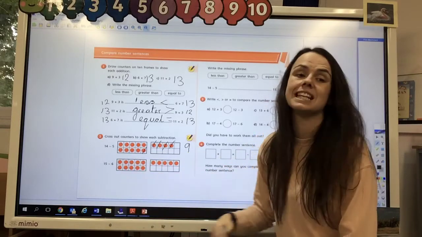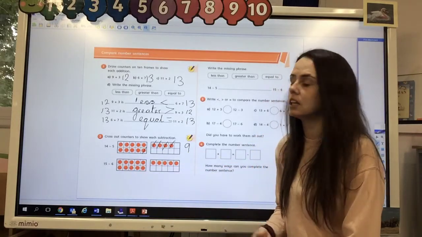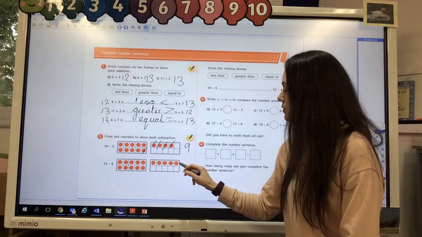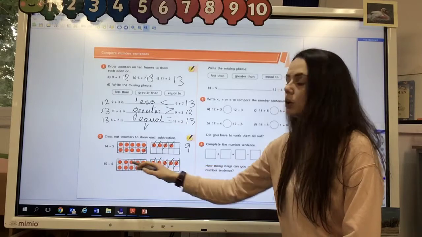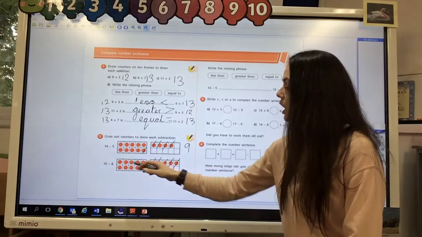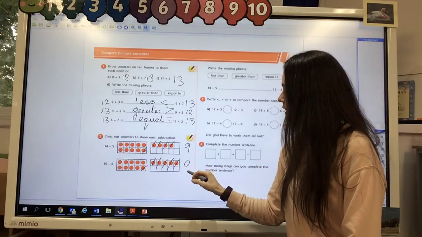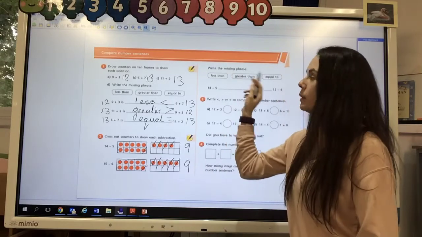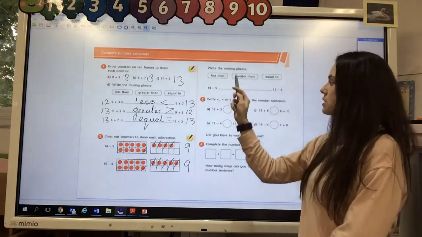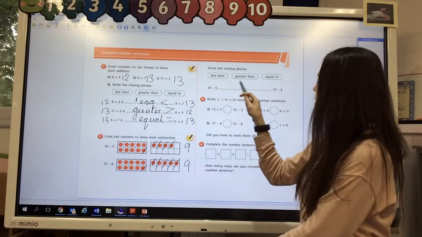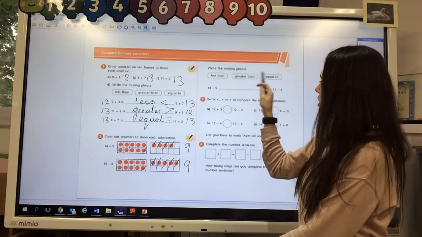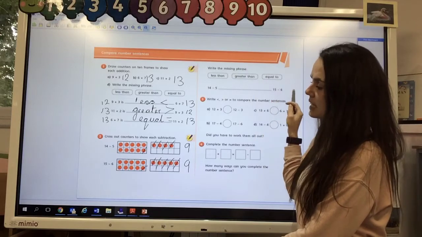Here, 15 take away 6. So we have 15, we've got to cross out 6. 1, 2, 3, 4, 5, 6. What number have we got there? 9 again as well. Fantastic. Up here, let's do this number sentence. It says, write the missing phrase. 14 take 5. Is it less than, greater than, or equal to 15 take 6?